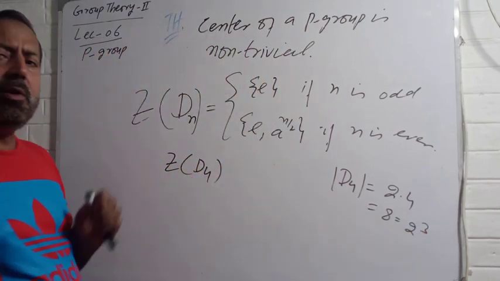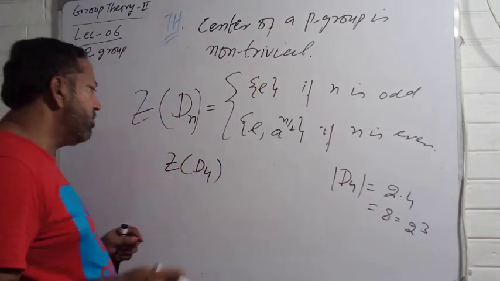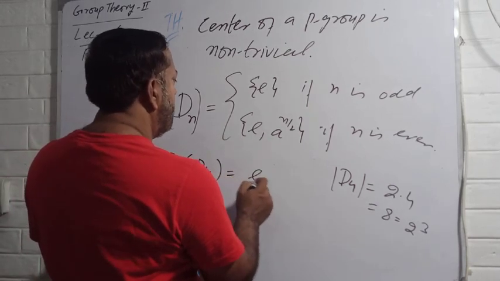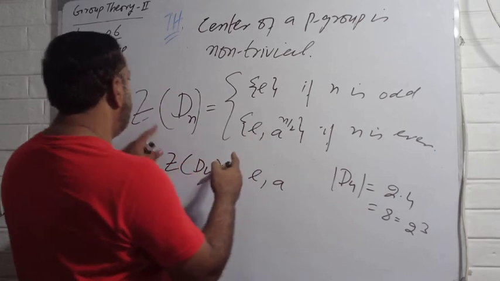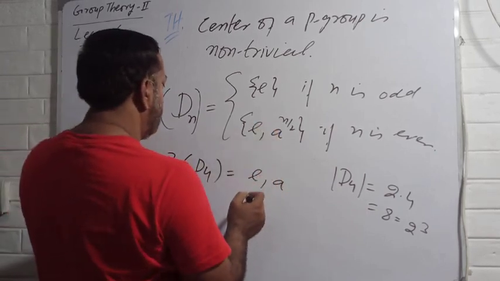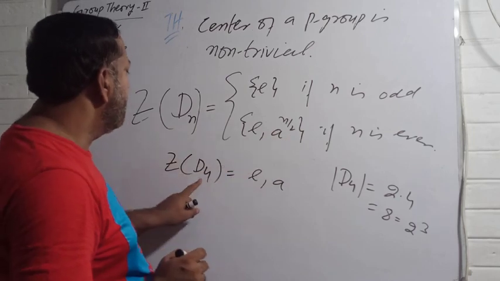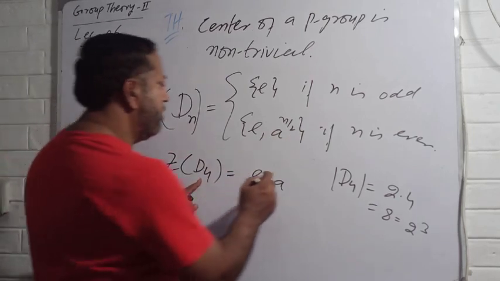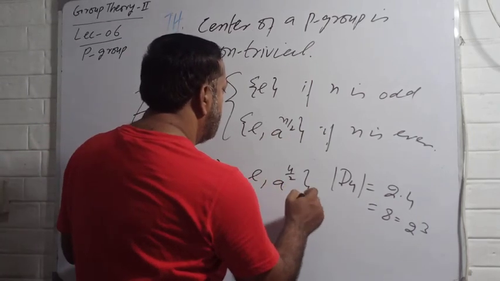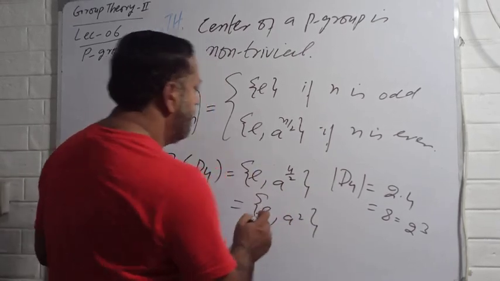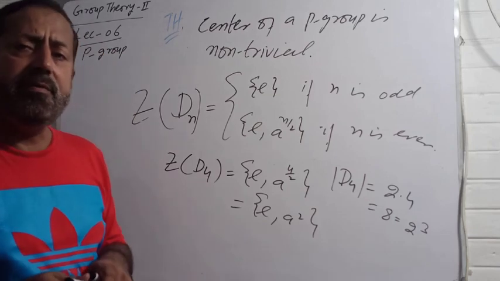It's a 2-group. So the center of D4 should be {e, a^(n/2)} with n equal to 4, so the center is {e, a^2}. This is the center of D4.